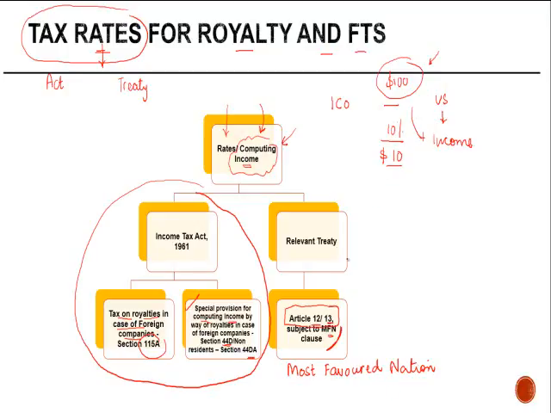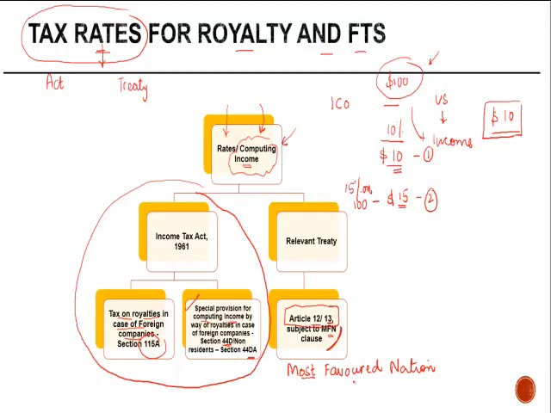So let's say, for example, under the treaty, the tax rate is 15% on 100, or $15. If I had to apply step 1 and step 2, under the Act, tax is 10, under the treaty it is 15, I will opt for the provision of the Act, pay $10 in taxes, end of the matter.